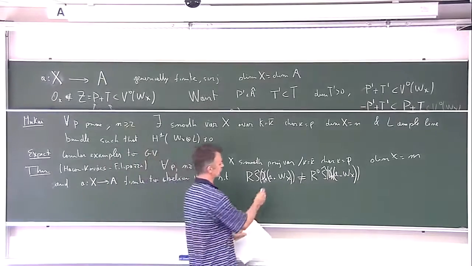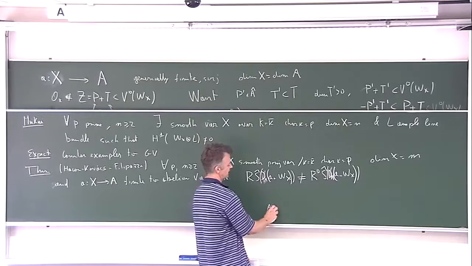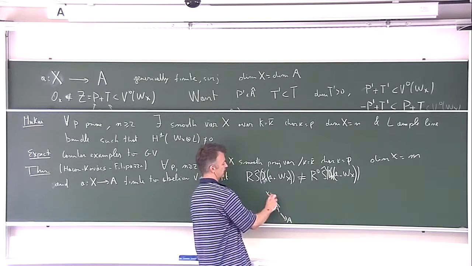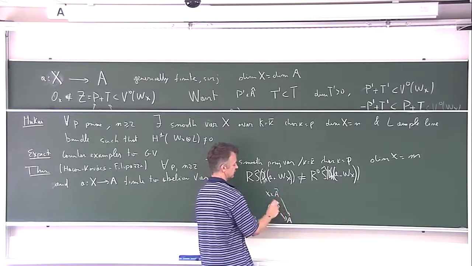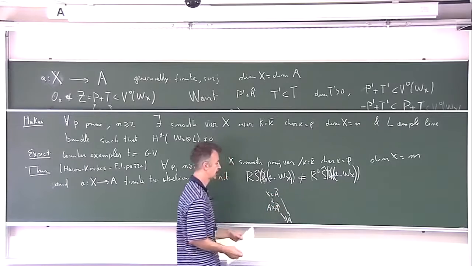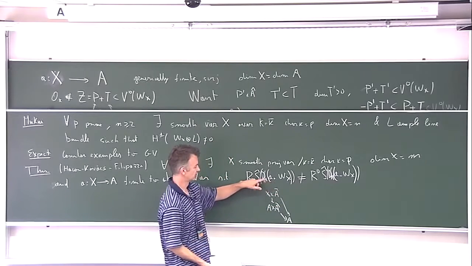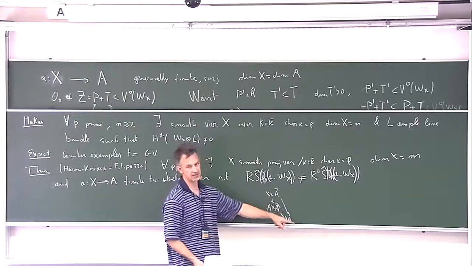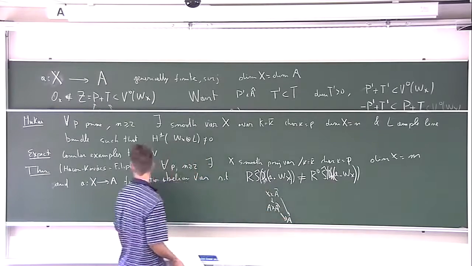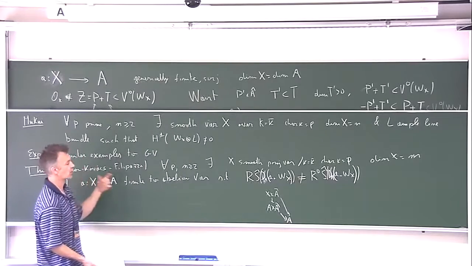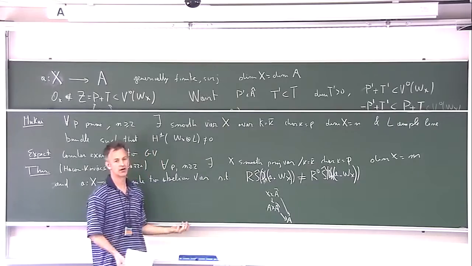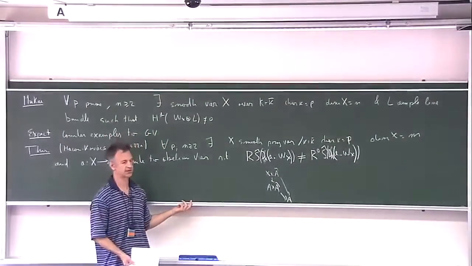So you could, instead of going from A times A hat, pushing forward to A, you could do a similar thing, pull back the Poincaré line bundle from here to X cross A hat, and then push down to A. And you say, okay, so maybe this push forward doesn't have the right vanishing, but maybe the push forward from here has the right vanishing. Well, if the map is finite, there are no higher direct images from here to here, so those two things are the same. There is no uncertainty in the picture.